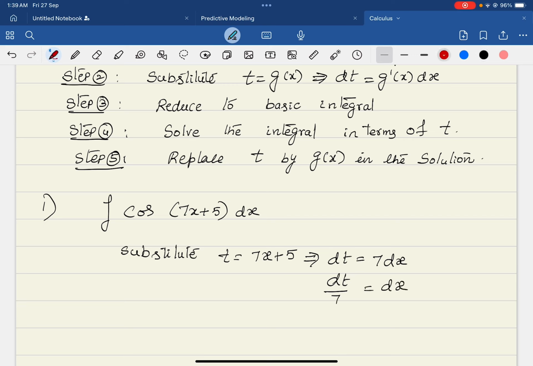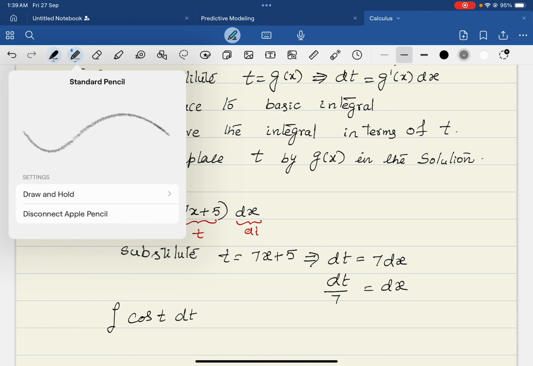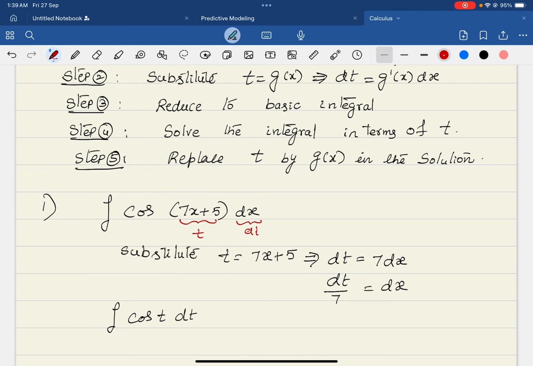Now we replace 7x plus 5 as t, and we replace dx as dt by 7, so that it becomes a basic integral. So let us write this as the integral of cosine t dt by 7. Cosine t dt by 7 is the substitution, correct?